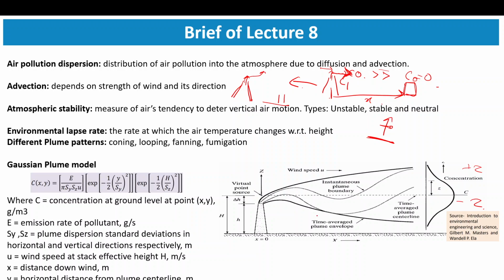If we take all these factors into account, then this is the model which governs the concentration at a certain distance, say for example this c at any point xy.